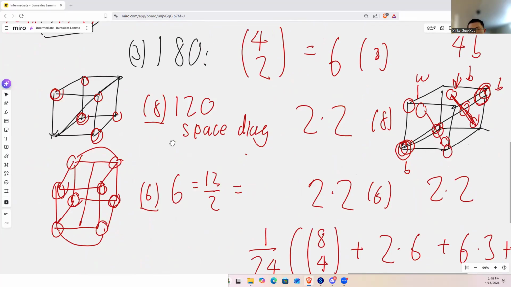Oh, my bad. Yeah, there are four sets of two here. So this is four choose two. And there's six of them.